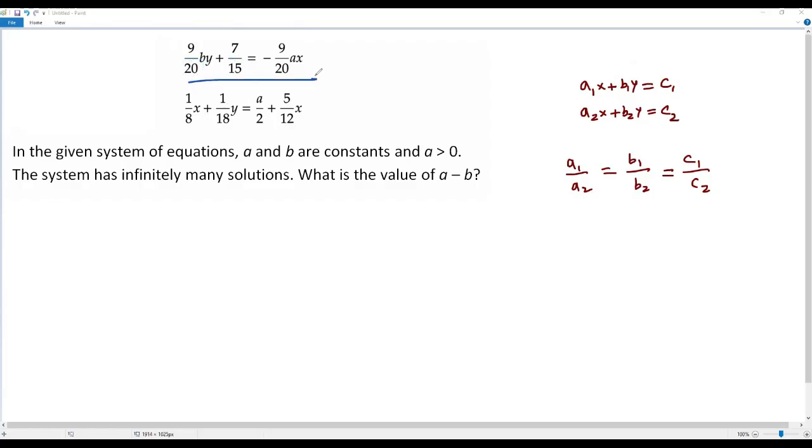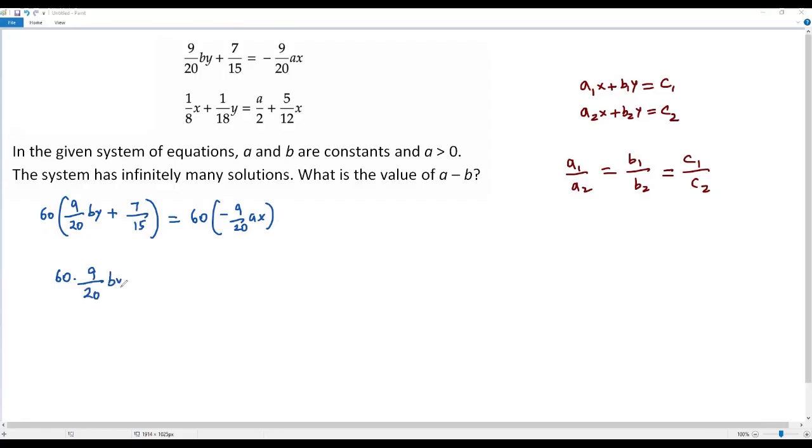Now let me multiply both sides by 60. That is 60 times 9/20 y + 7/15 = 60 times -9/20 ax. Now we can distribute this 60 to this one and this one. Then I'm getting 60 times 9/20 y + 60 times 7/15.